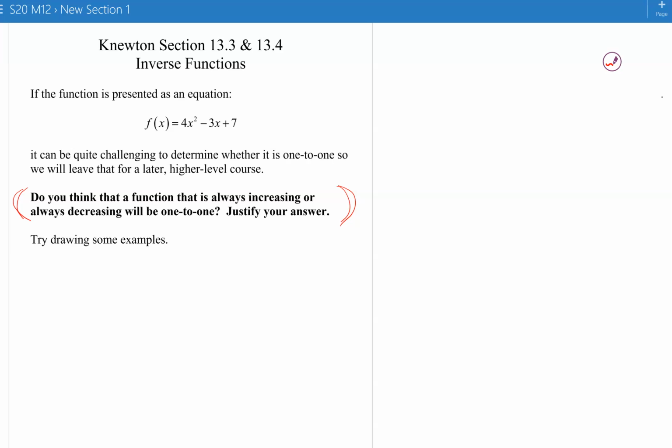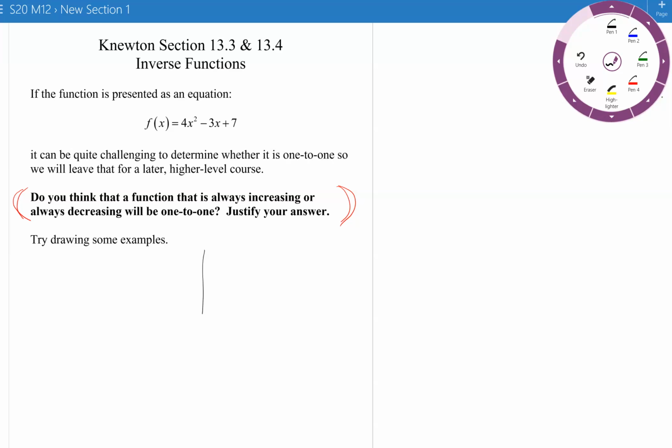So I would suggest that you pause the lecture here and think about this. Do you think that if your function is always increasing or always decreasing, that that is enough to guarantee that it's one-to-one? So I'd suggest drawing some examples.